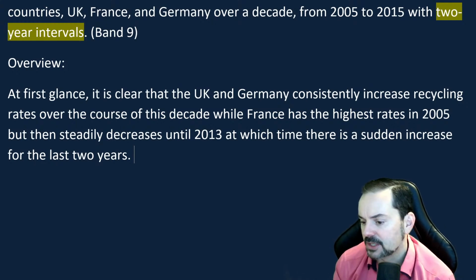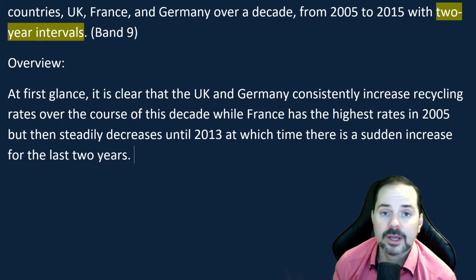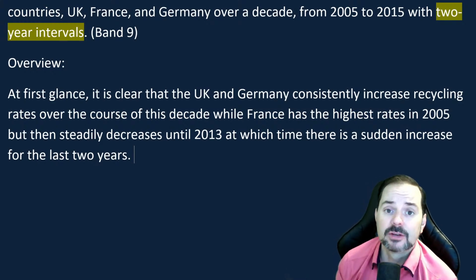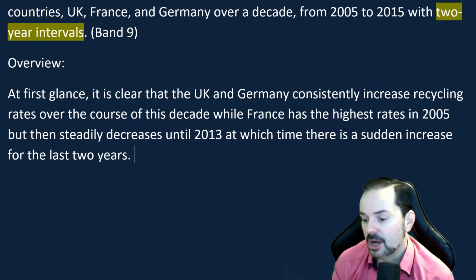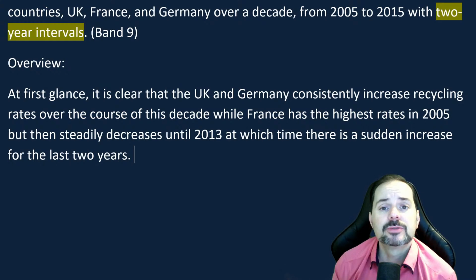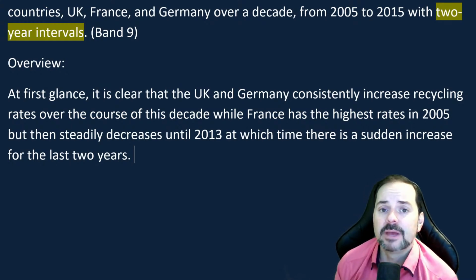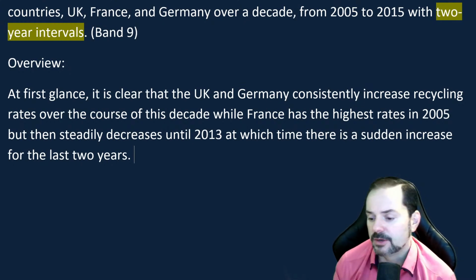Raquea says, at first glance, UK and Germany are going up in recycling rates. Raquea, don't forget the subject, the title of the line graph, recycling rates, going up in recycling rates. But France, country is always a capital letter, big F, Raquea. They will dock you a mark if you write the countries with small letters.